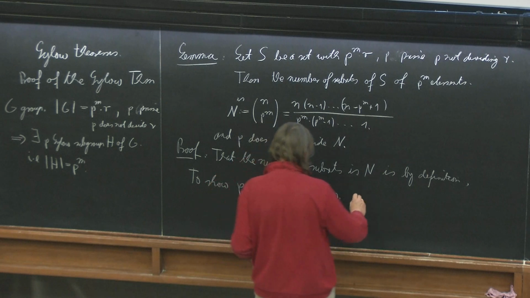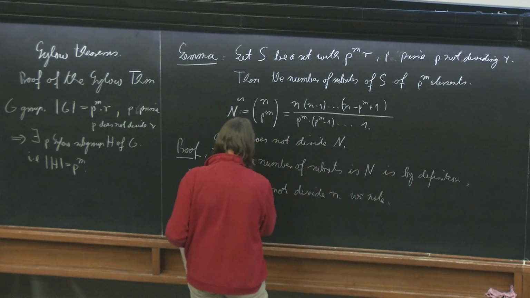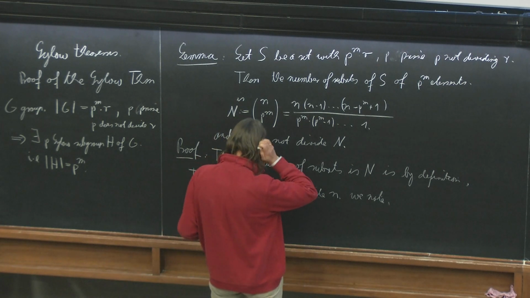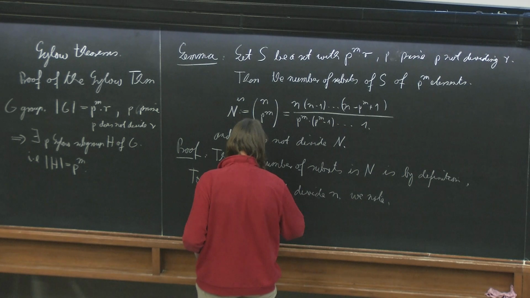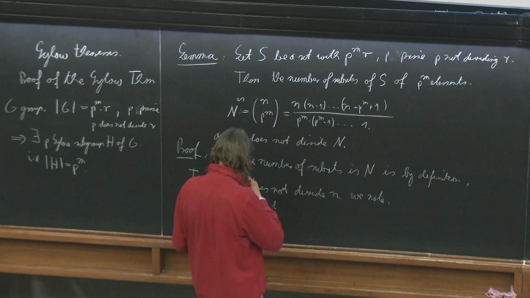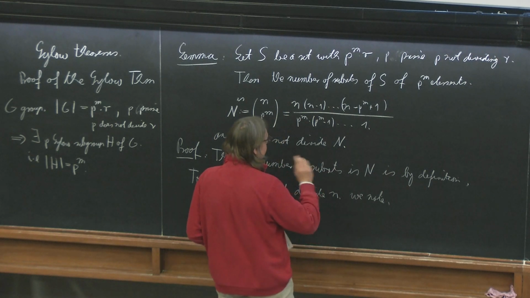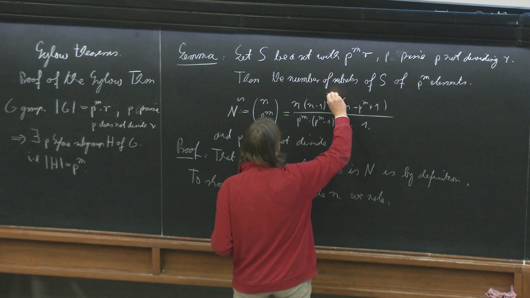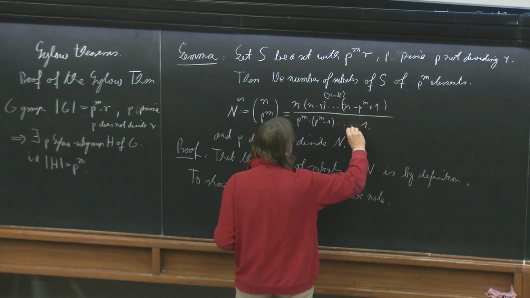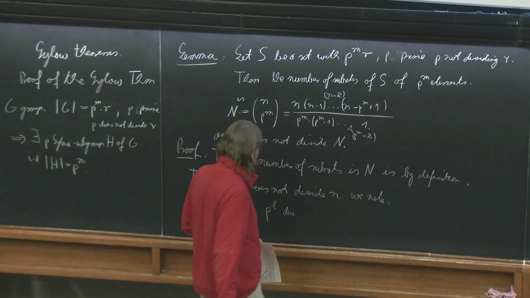So we note, whenever some power p^l divides the numerator, the general element here would be called n minus k, and the general element below would be p^m minus k.